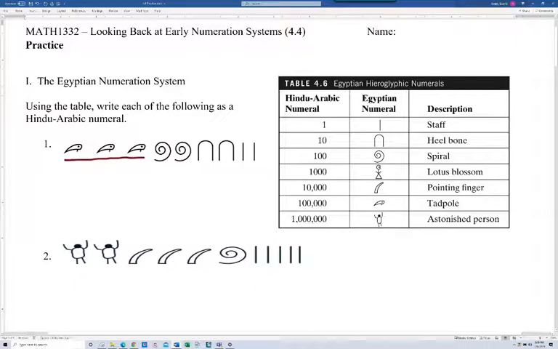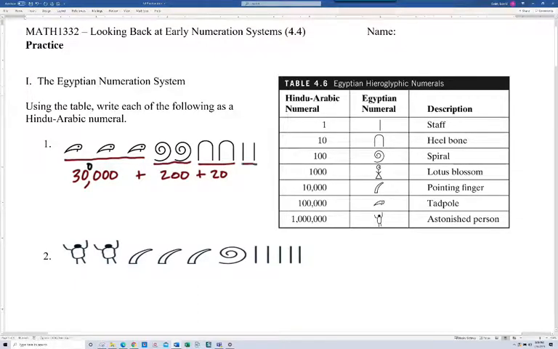So these three tadpoles represent 100,000 each, so that's, ooh, I messed that up. I said 30,000, that should be 300,000. Let me put an extra zero in there. And then we've got two spirals, and those are each worth 100, so that's 200. Then we've got a couple heel bones, those are each worth 10, so that's 20.